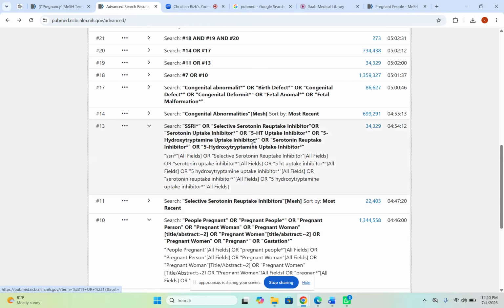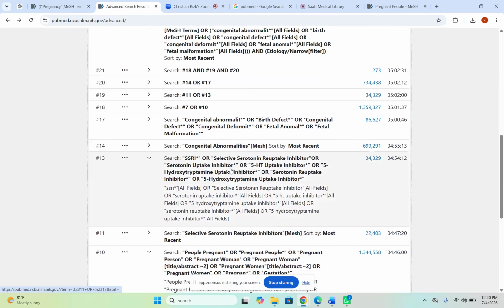Then we looked up the keywords, same as before: SSRI with a star, SSRIs, or the whole term, inhibitor or inhibitors, and so on. Those were the keywords for the second concept, and we ordered them.